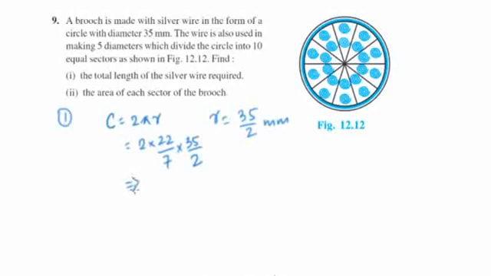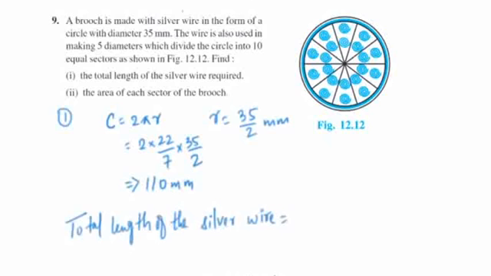So on solving this, we'll get the circumference of the circle as 110 millimeters. So the total length of the silver wire is basically the circumference, that is 110 plus 5 diameters, which means 5 into 35. And on solving this, we will get the total length of the silver wire, that is 285 mm.